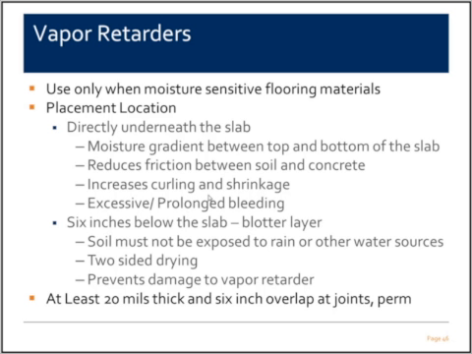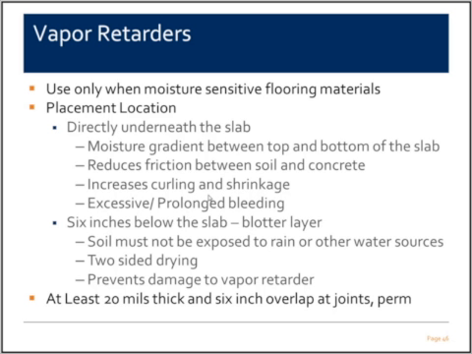The pluses and minuses of using the vapor retarder right below the slab are as follows. One negative is we get a moisture gradient between the top and the bottom of the slab. This is created because the top of the slab wants to dry out more and dry out quicker than the bottom of the slab. The vapor retarder under the slab prevents any moisture movement from the bottom of the slab, but the top of the slab is allowed to dry out.